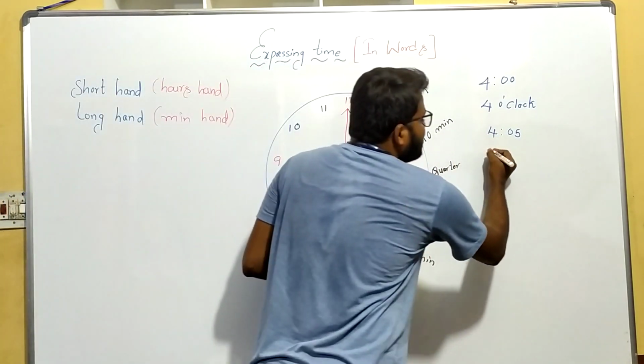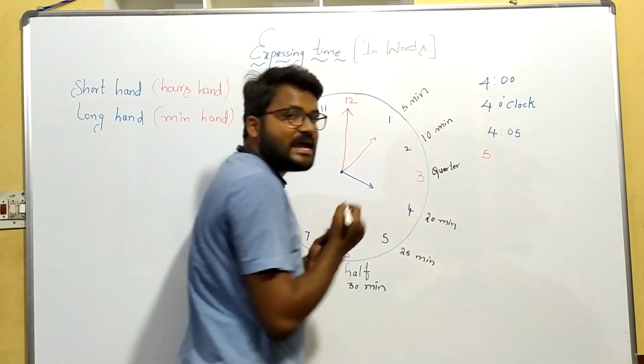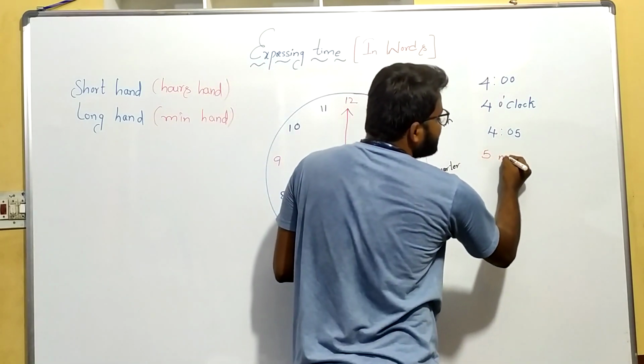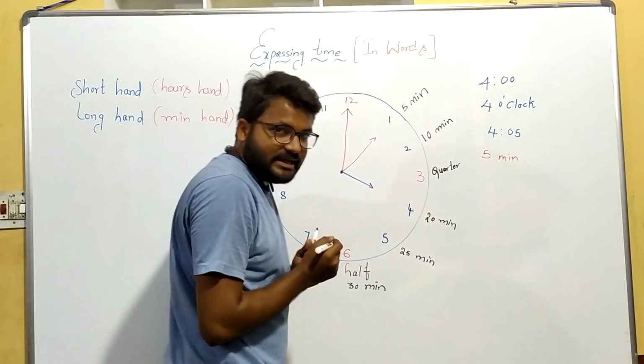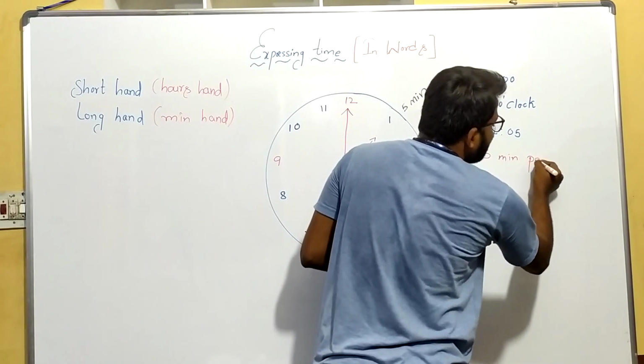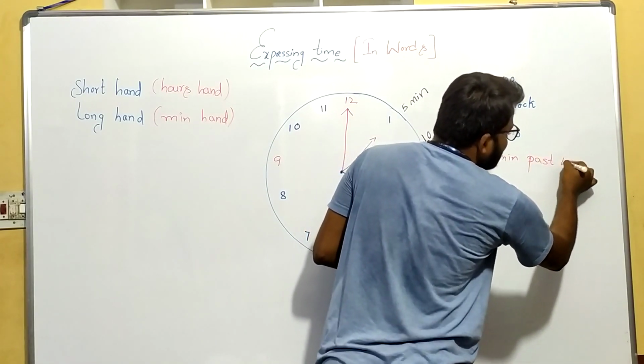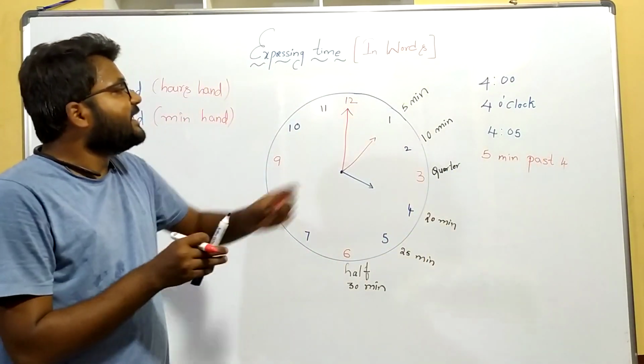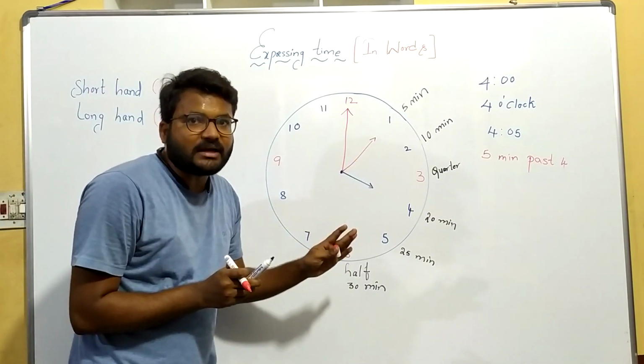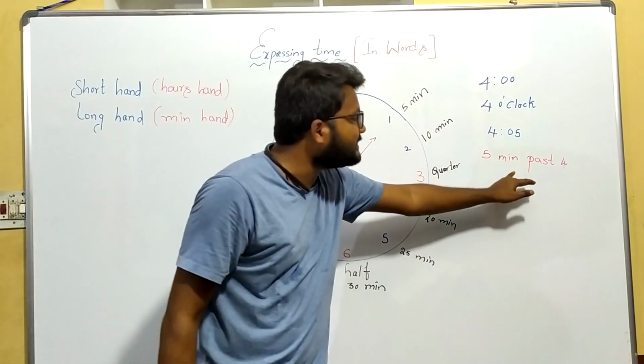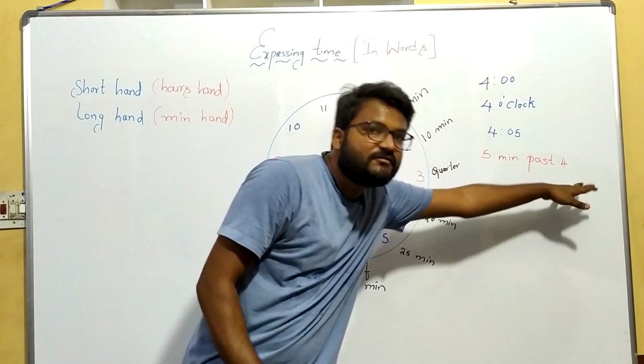So we represent this in words as 5 minutes past 4, because it crosses 5 minutes after 4 o'clock. So we mention that as 5 minutes past 4.